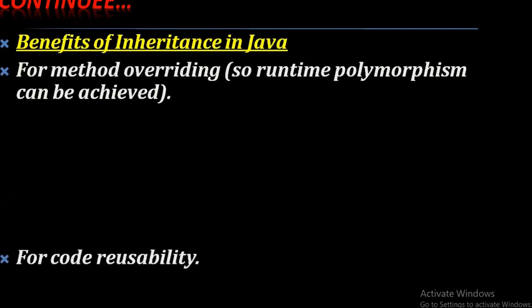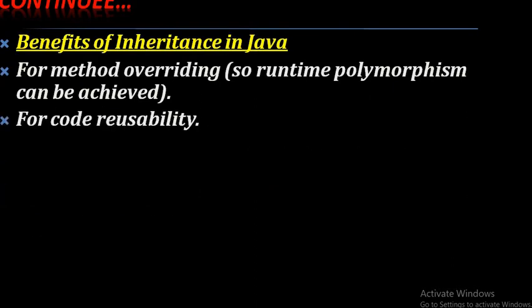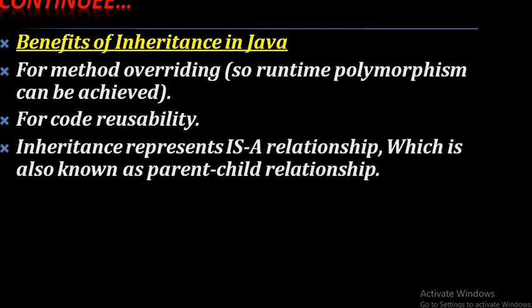So what are the benefits of inheritance? For method overriding, runtime polymorphism can be achieved, and for code reusability, we can reuse the parent code in child classes. And inheritance represents an is-a relationship, which is also known as a parent-child relationship.